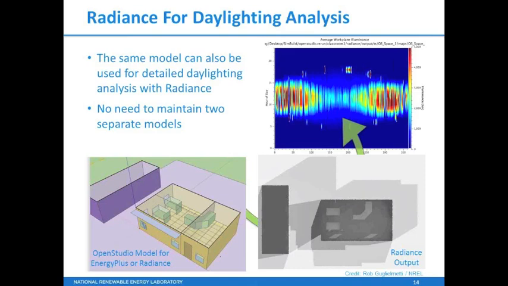So what that's showing is on the X is the day of the year, and on the Y is the hour of the day. So what you're seeing is an 8,760 schedule of the foot candles, or the illuminance from daylight, over the course of the entire year. And these are the kinds of analyses that are really needed to do a rigorous daylighting analysis, and those tools now exist in OpenStudio.